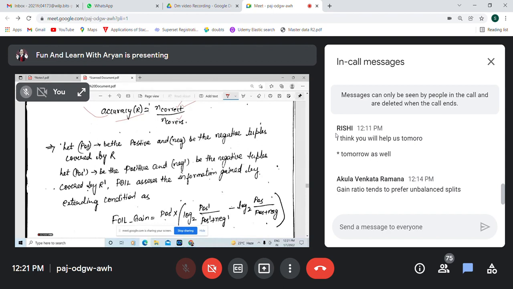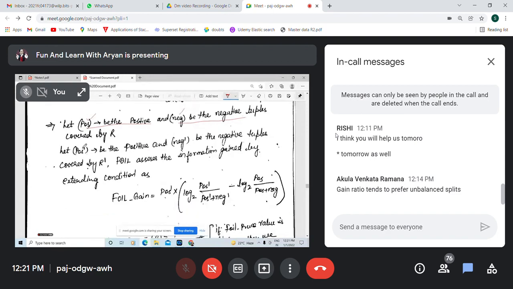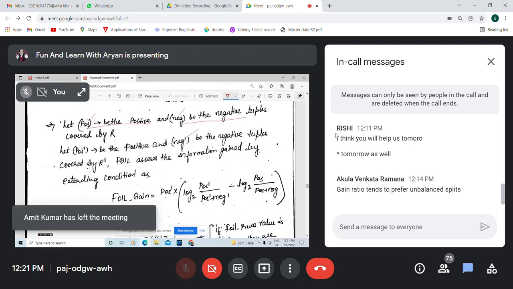So let pos be the positive and neg be the negative tuples covered by R. In the class we have positives and negatives, right? Target class. So let the number of positive be pos and the number of negative be neg, covered by R. And pos dash, neg dash be the positive and negative tuples covered by R dash.